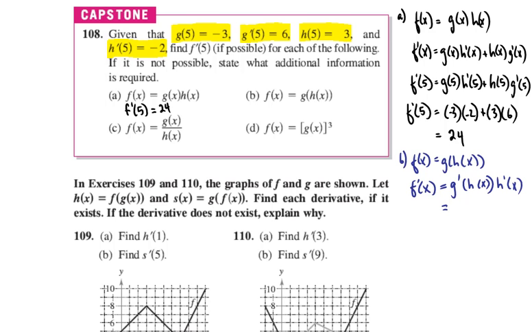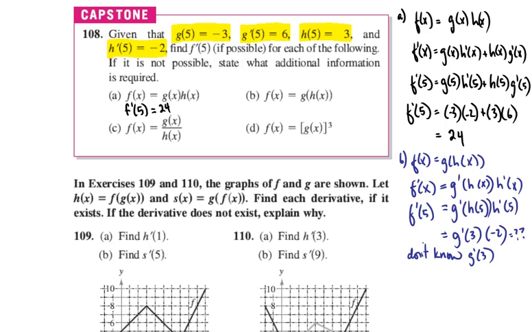Then for f prime of 5, we need g prime of h of 5 times h prime of 5. h of 5 we know is 3, but we're not given g prime of 3. h prime of 5 is -2, but we can't go any further because we don't know what g prime of 3 is. So it's not possible to tell what f prime of 5 is in that case.